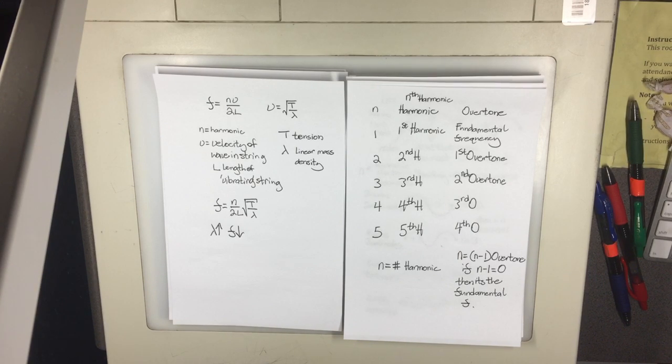When you look at a piano, the lower frequency strings are on the left, the high frequency strings are on the right. The thin strings are the higher frequencies.